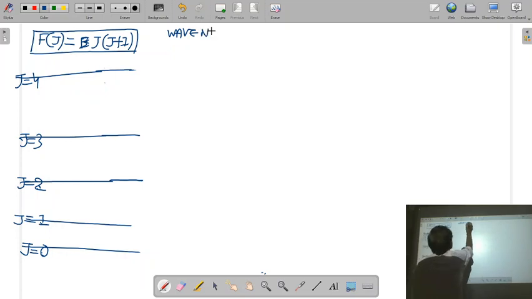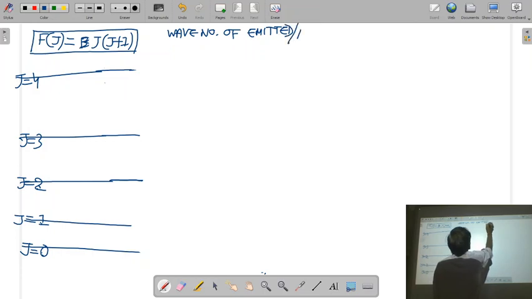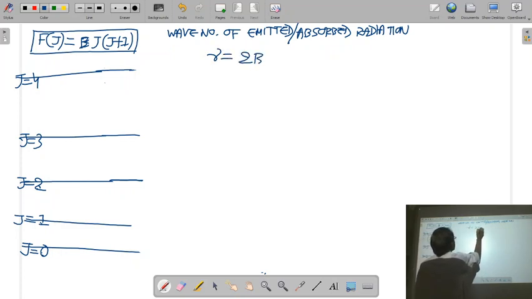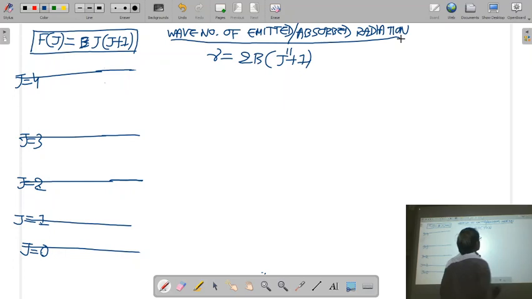We have just obtained the wave number of emitted or absorbed radiation: Nu is equal to 2B(J double dash plus 1). When a molecule makes a transition between lower rotational level and upper rotational level, then the wave number of the emitted or absorbed radiation is 2B(J double dash plus 1).